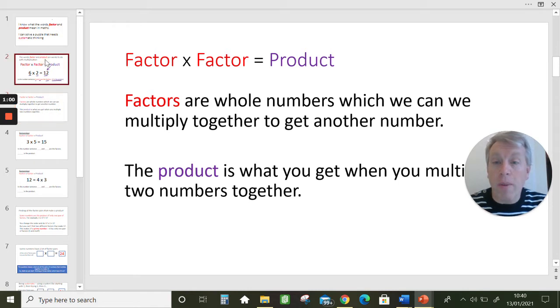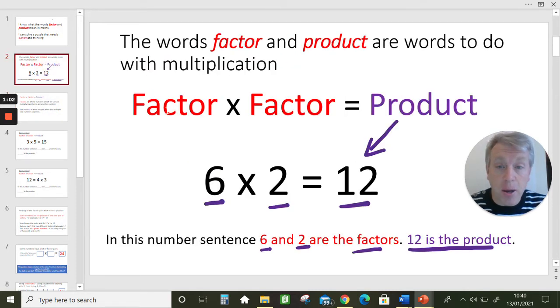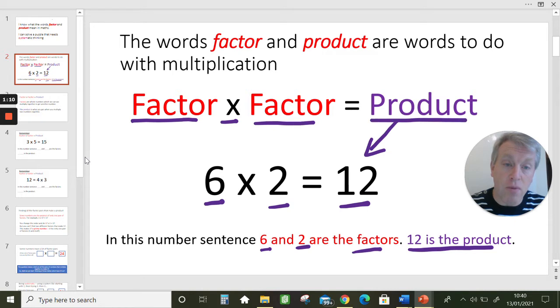The way we think about it is that a factor times a factor makes a product. So 6 times 2, 6 and 2 are the factors, and when we multiply them together, they give us the product 12.